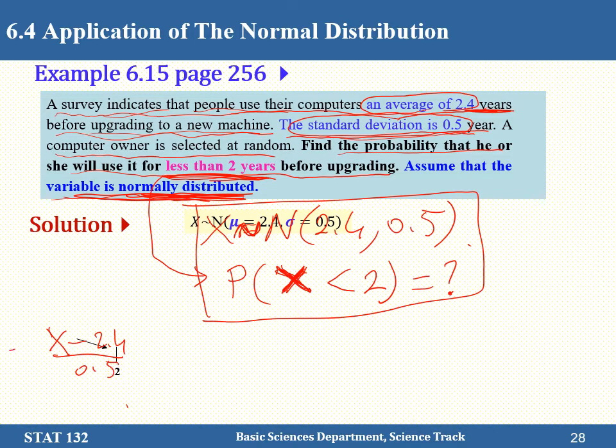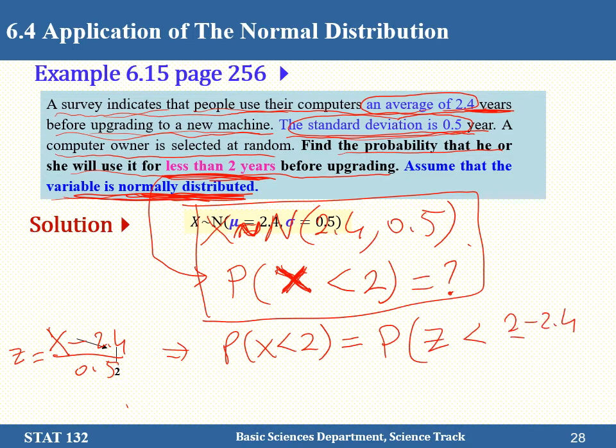So we do this conversion, and by using this conversion, P of X less than 2 will be equal to the probability Z less than 2 minus 2.4 divided by 0.5, and this will be equal to the probability that Z is less than negative 0.8.